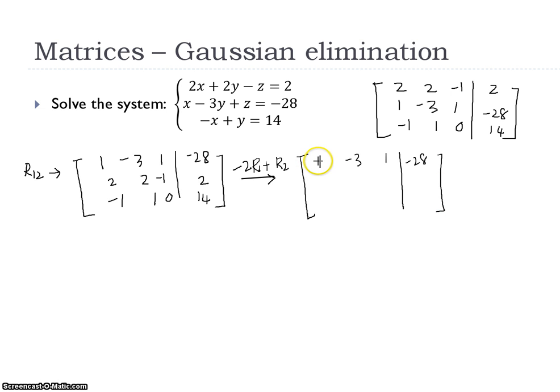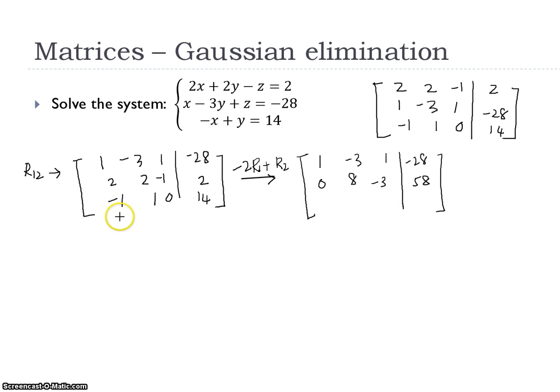So multiply negative 2 to row 1 and sum to row 2. So we have 0, 8, negative 3, and 58. We have to do it for the whole row.